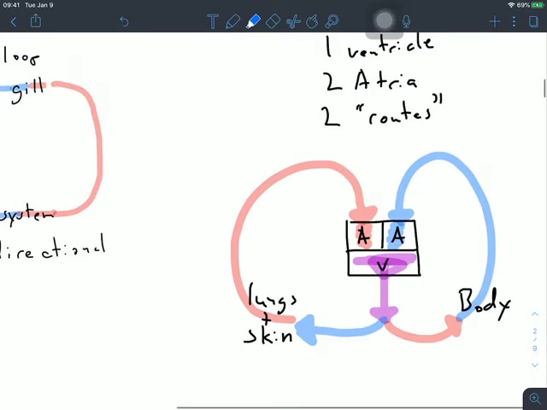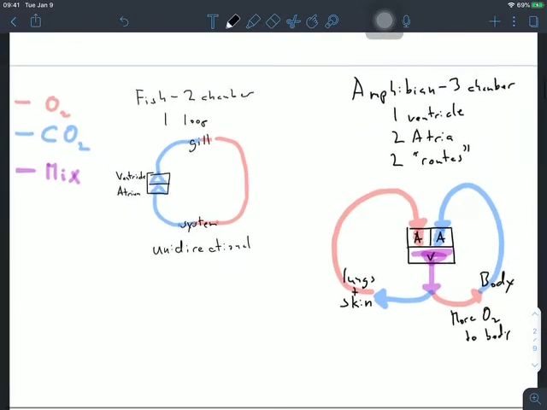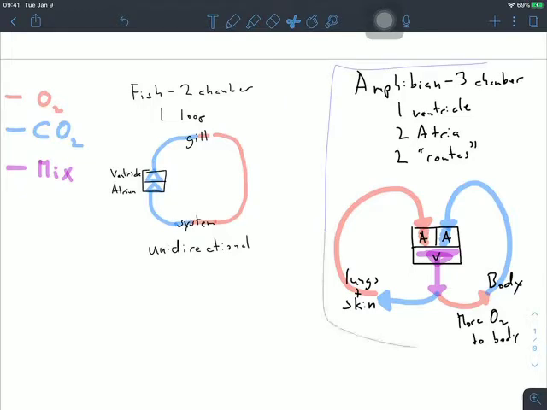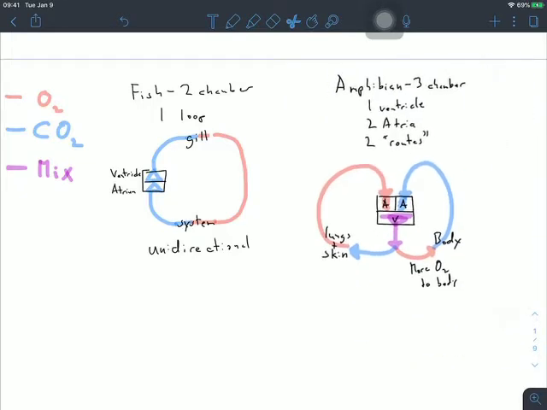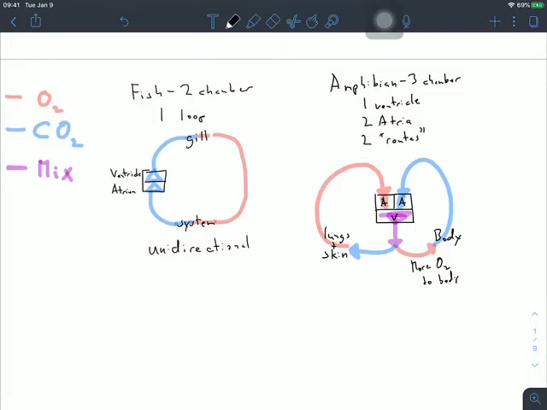And because there are these 2 loops, or 2 routes, even though they kind of diverge in a weirdish way from 1 ventricle, those 2 loops are an important innovation, because then you're getting much more oxygen-rich blood being delivered to the body. And it is this 2-loop model that you inherit today, with some notable distinctions.